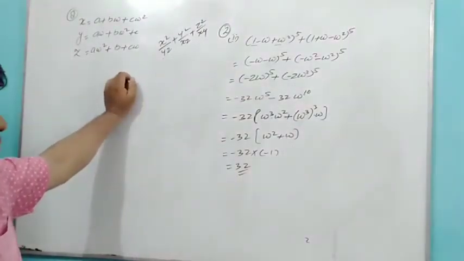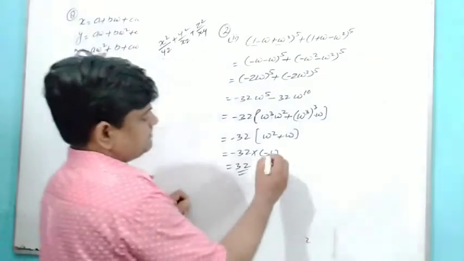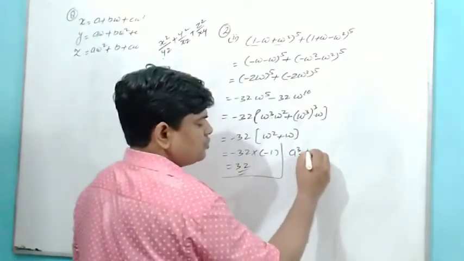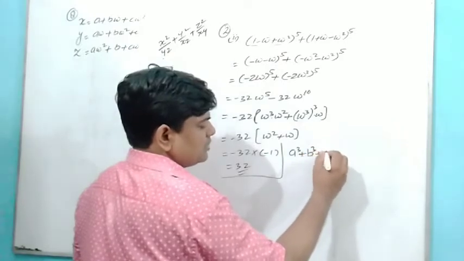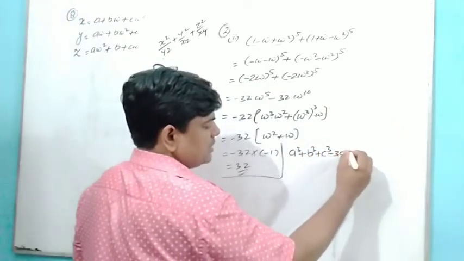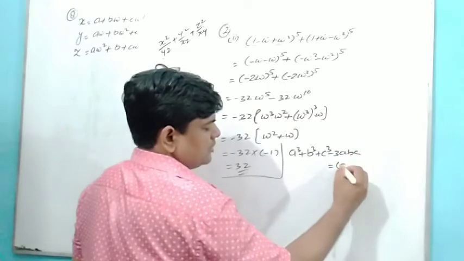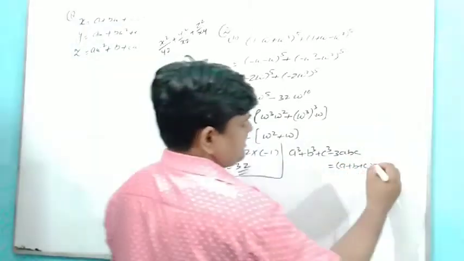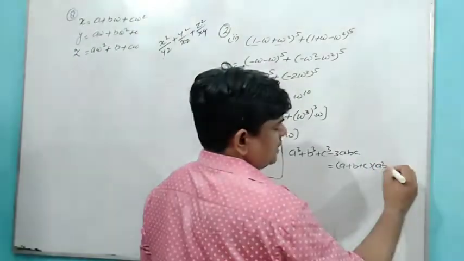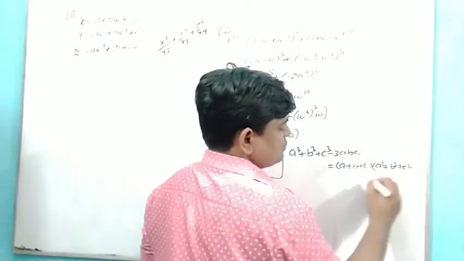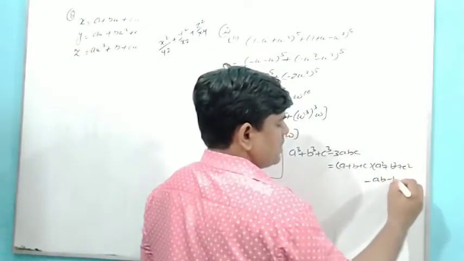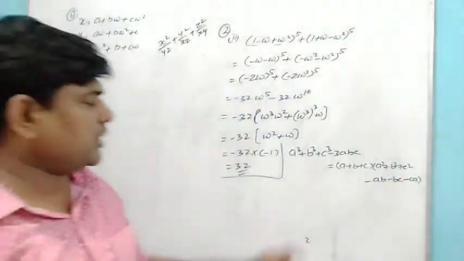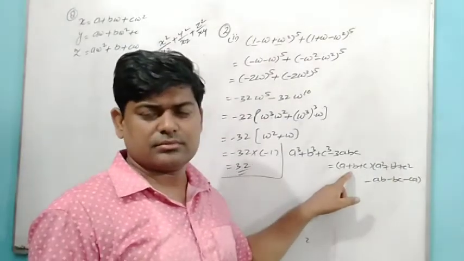But if you remember, I'm just writing here, in class 9th one formula was there: a cube plus b cube plus c cube minus 3abc is equal to a plus b plus c times a square plus b square plus c square minus ab minus bc minus ca.